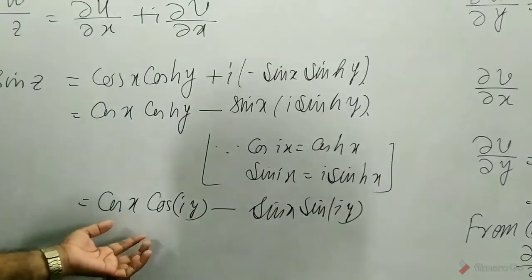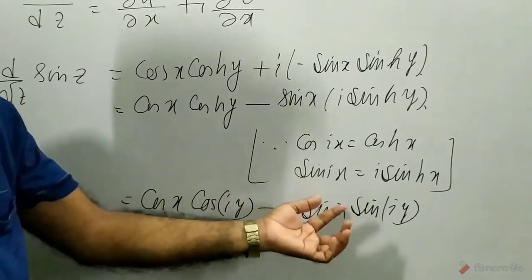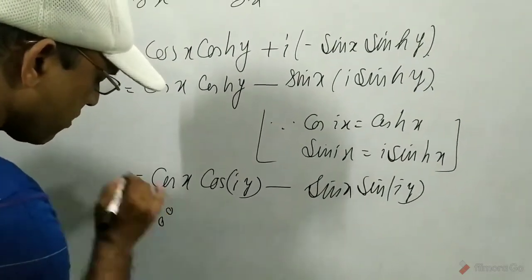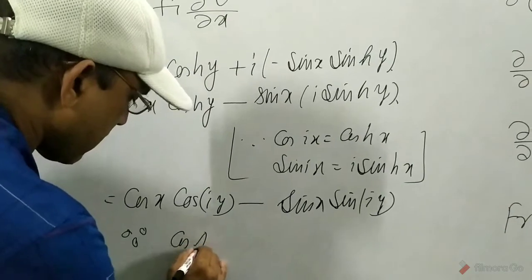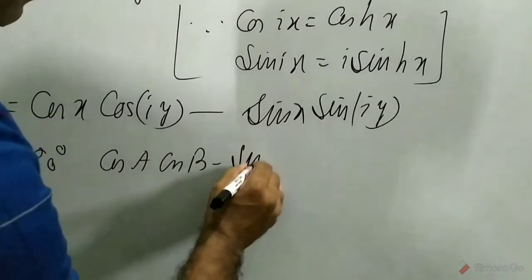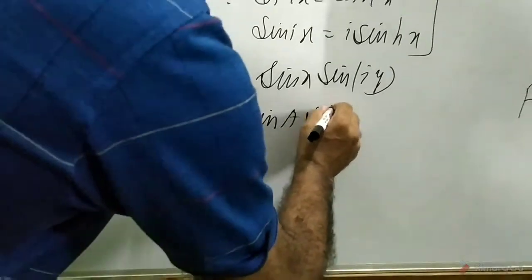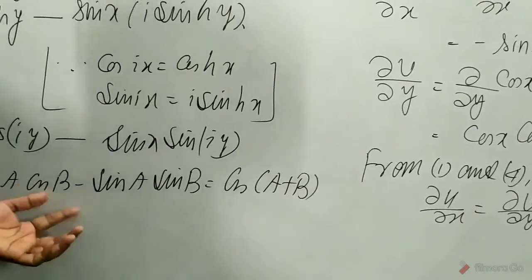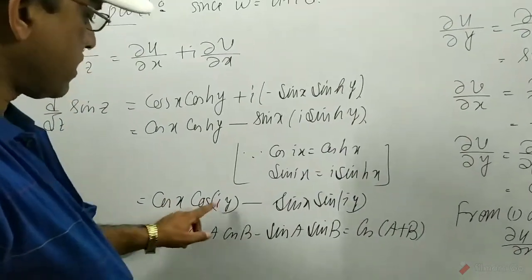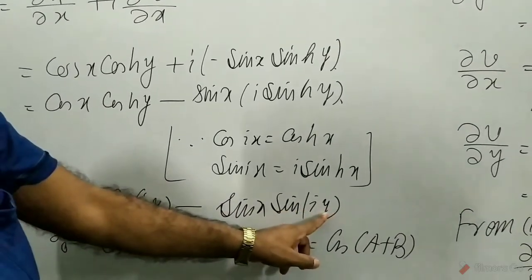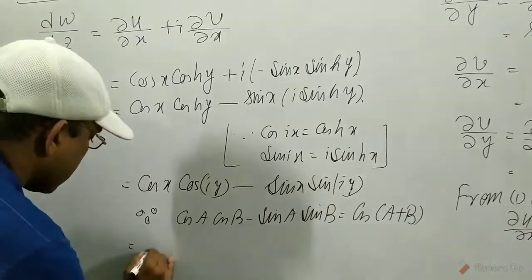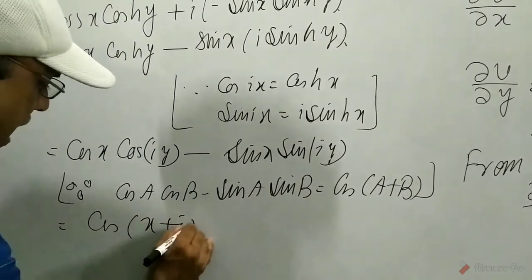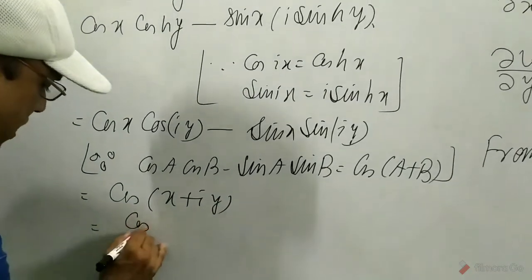So we get this, which is nothing but cos a cos b minus sin a sin b. We know this formula from lower class, cos a cos b minus sin a sin b equal to cos a plus b. So we get cos of x plus iy, and x plus iy means z.